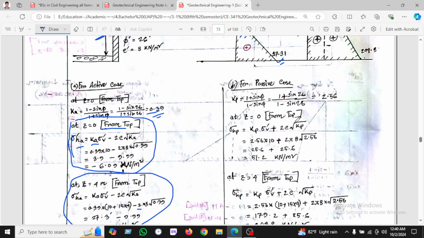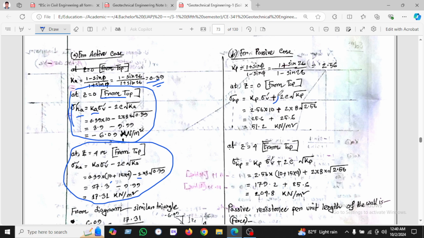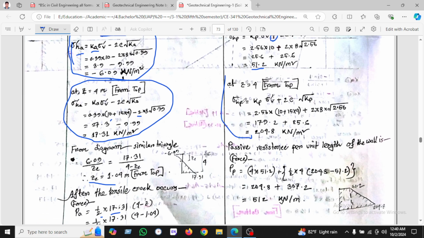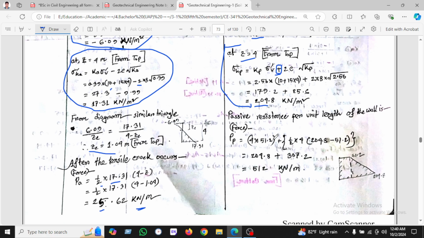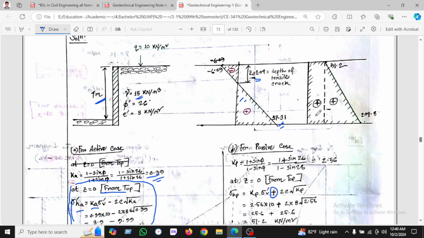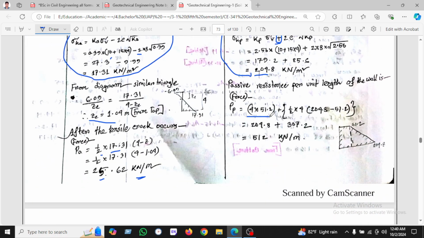Another one, for the passive case: 1 minus sine phi over 1 plus sine phi, which at z equal to 0, in the passive case, this will be plus and found 51.2. And then the second condition, at z equal to 4, in the passive condition this will be plus and found 204.4. The passive force per unit length of the wall will be, from the diagram, trapezoidal and rectangular.